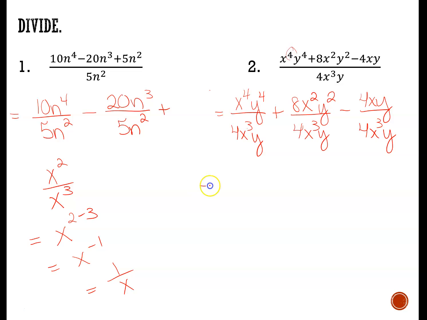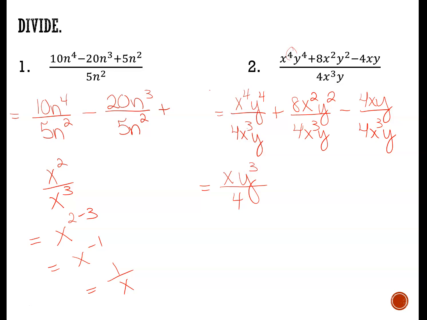Okay, so again, I'm still going to have that 4 on the bottom. But now for both x and y, my bigger exponent's on top. So I just keep the variable on the top and do 4 minus 3, so it'll just be 1x. And for the y, it's 4 minus 1, so it'll be y cubed.